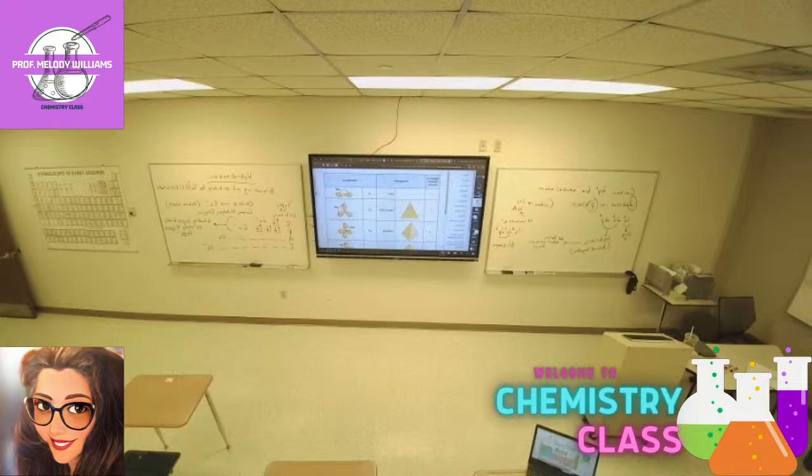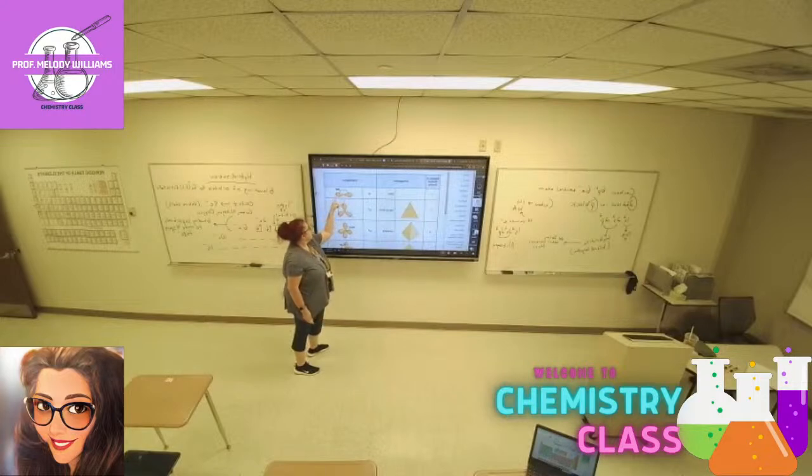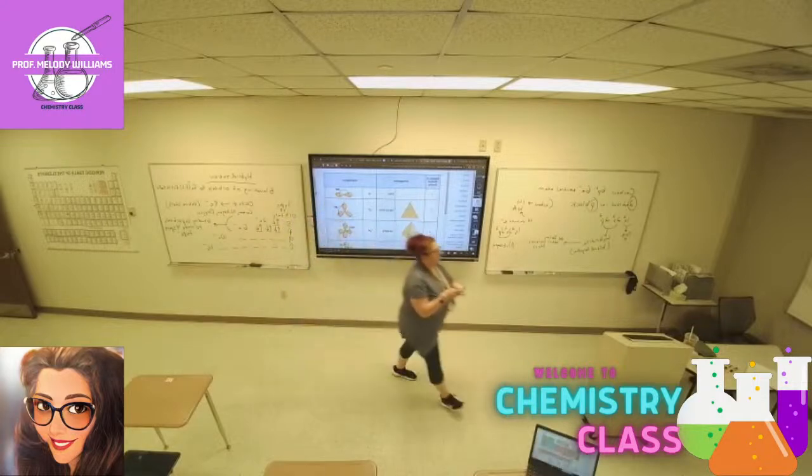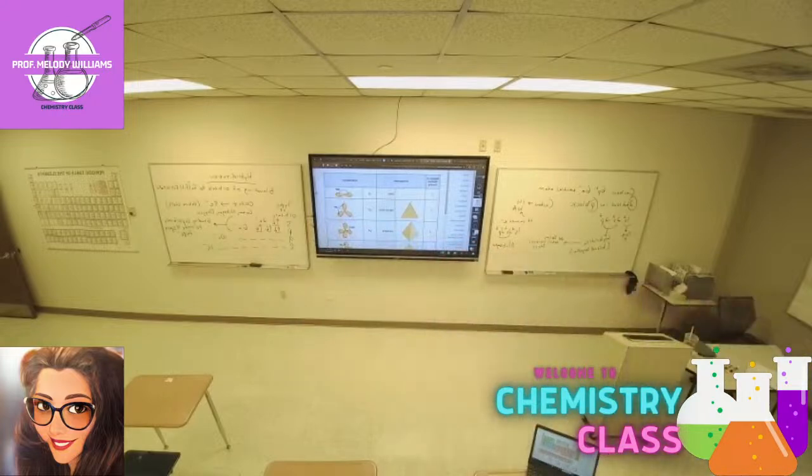So if I have sp hybridization, that means I have two areas where I find electrons. sp, two areas with electrons. sp2, that's three areas with electrons. sp3, four areas with electrons, because I literally have four orbitals blending together.